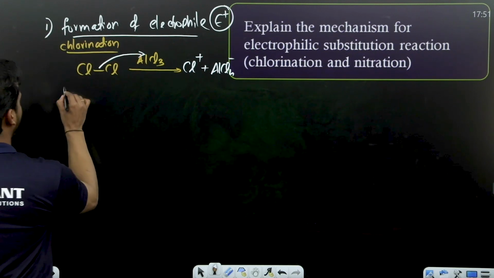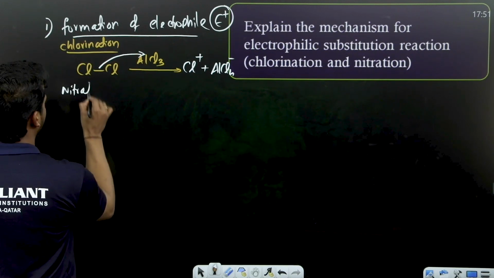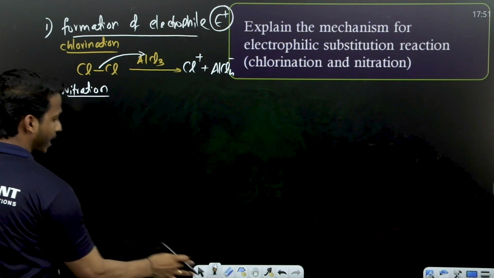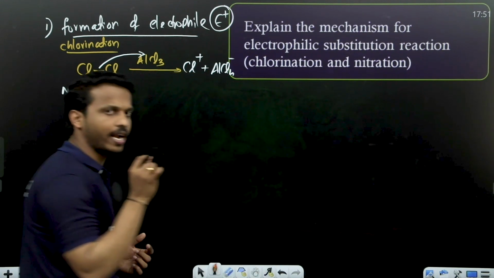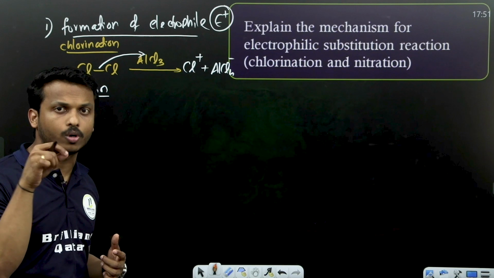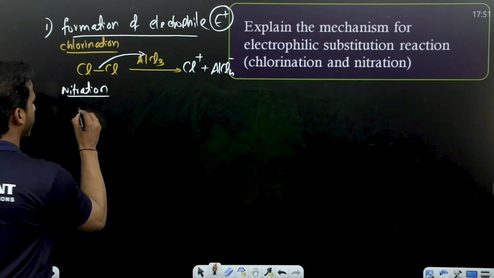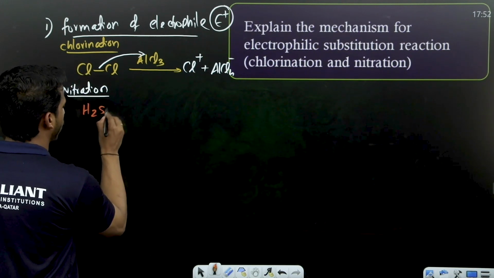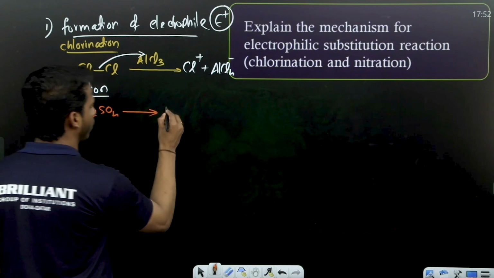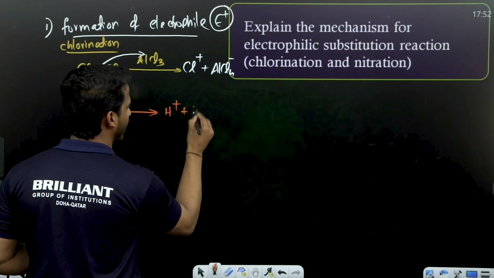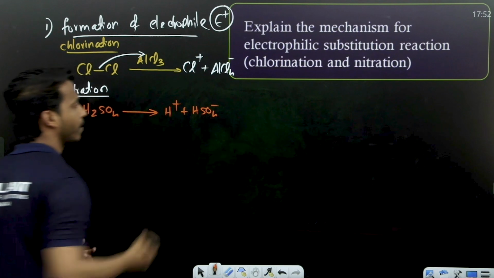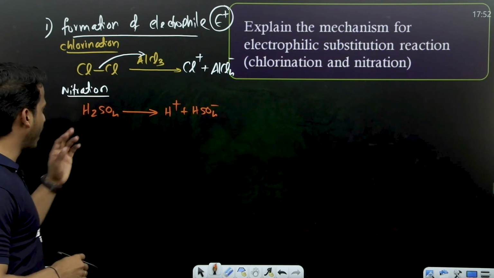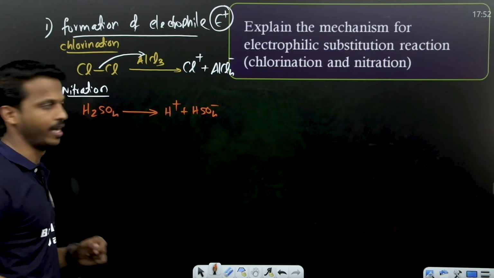Let's see what about nitration. Nitration means what are the agents we are adding? Concentrated HNO3 and concentrated H2SO4, right? Listen all. First H2SO4 breaks to give H plus and HSO4 minus.